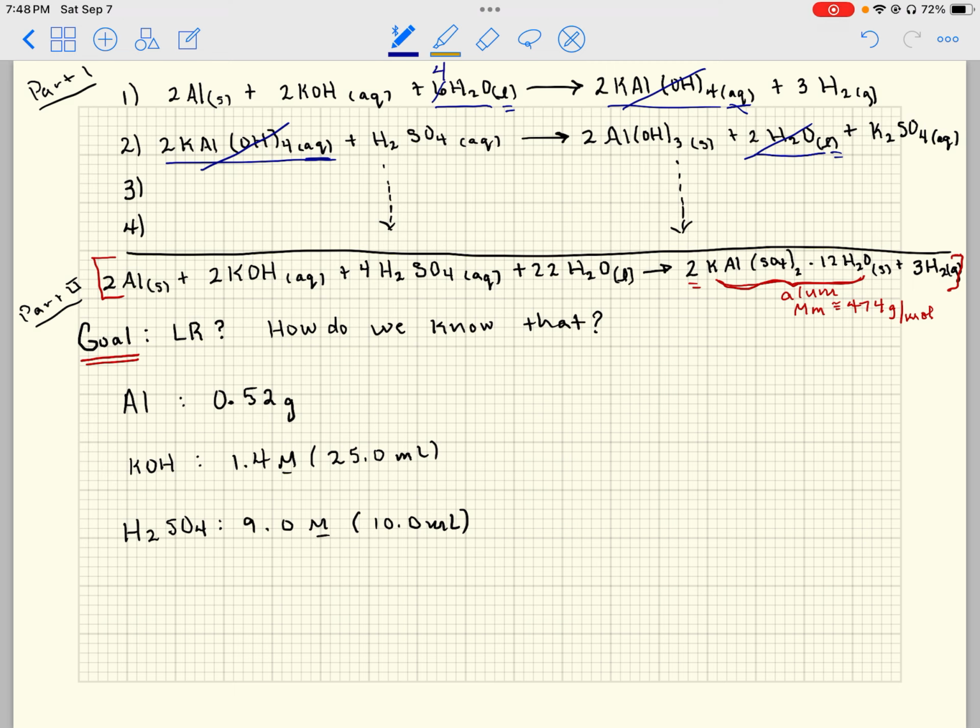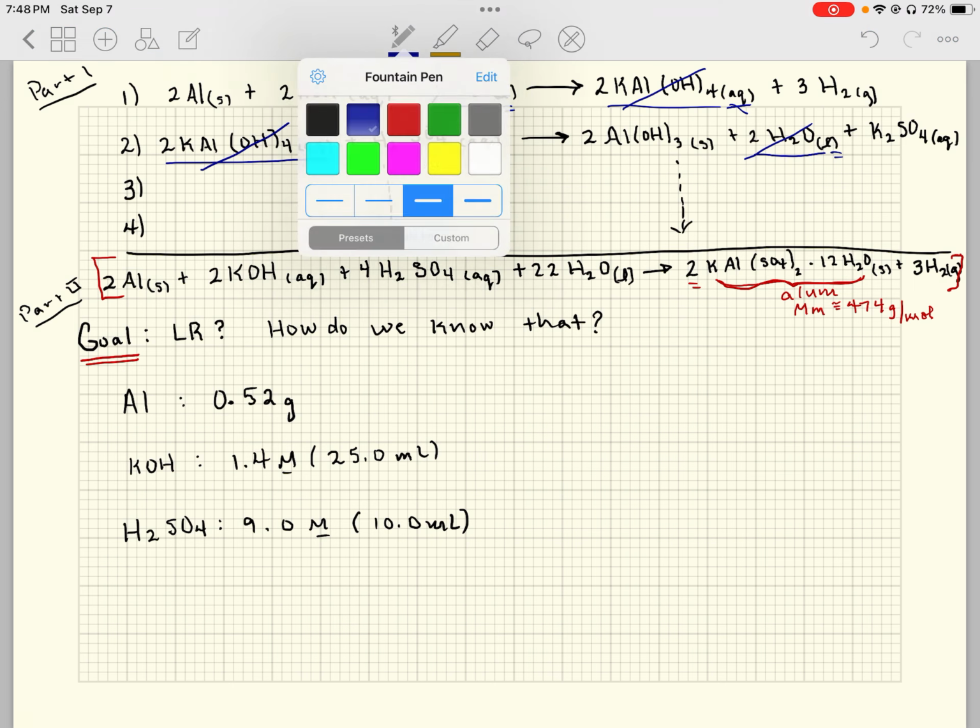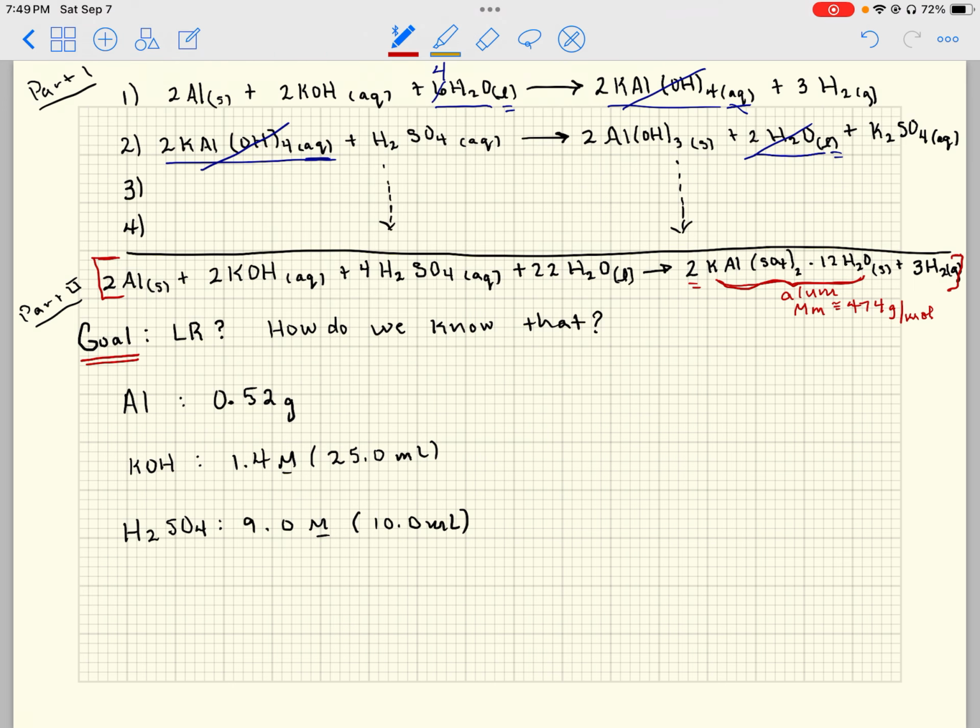And I would continue doing that simplification and essentially canceling out what's on both sides in terms of formula and their phases, as long as those are the same. And what we end up with is this balanced equation right here. And this is important because that's part 1 of your lab, was actually to run those 4 reactions to get to the overall balanced equation through canceling on both sides.